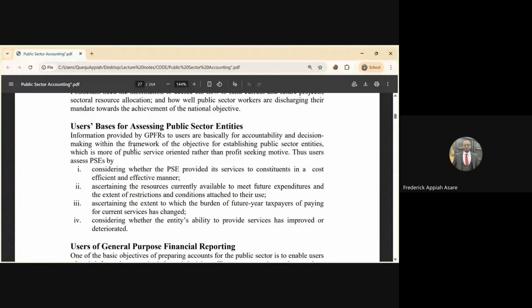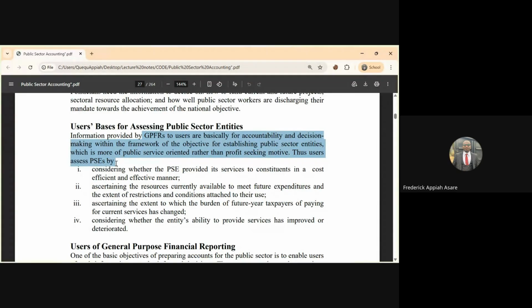When it comes to the users basis for assessing a public sector entity, the information provided by the general purpose financial reports is basically for accountability and decision making, within the framework of the objective of establishing public sector entities, which is more public service oriented rather than profit making.